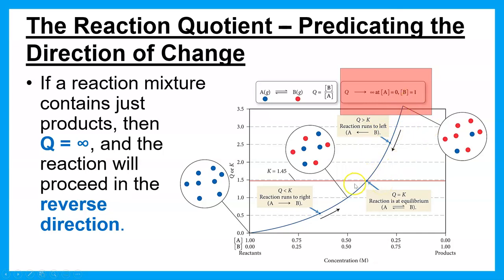It has to start making some of those reactants. It's going to go backwards. So don't freak out when your calculator goes crazy because you're trying to divide by 0. Stop with the math for a minute and just use some common sense. If I don't have any reactants, I'm going to have to make some.